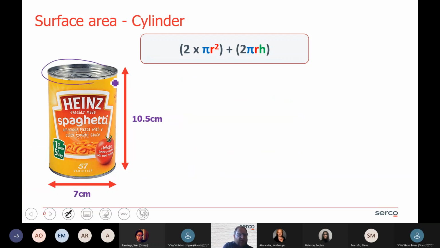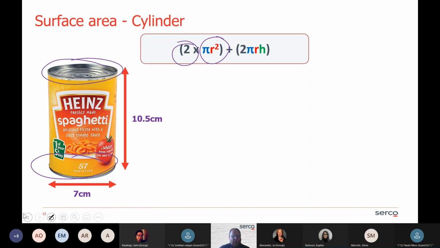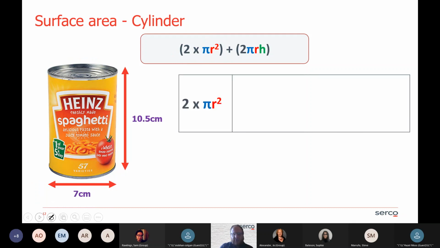We know for this top circle and for the bottom circle, it'll be the same. Our formula for working out area, you've already told me, is pi r squared, which is why that's there. And there's a top and a bottom. So this first part of the formula is 2 pi r squared. So if we do pi r squared in this case, pi we know is 3.14.